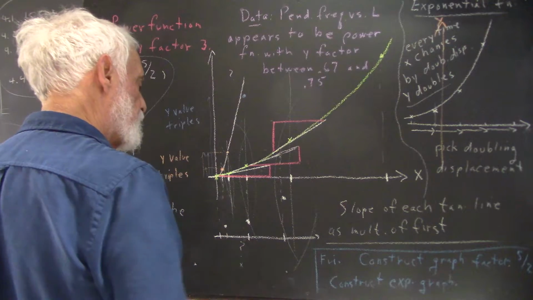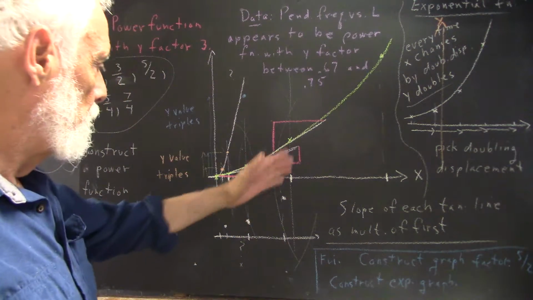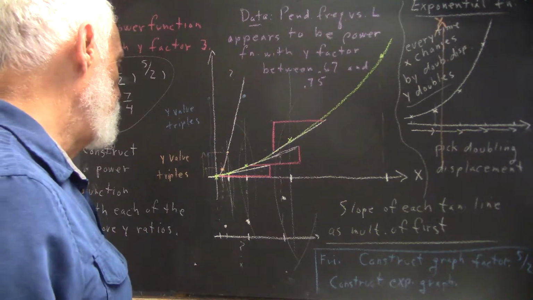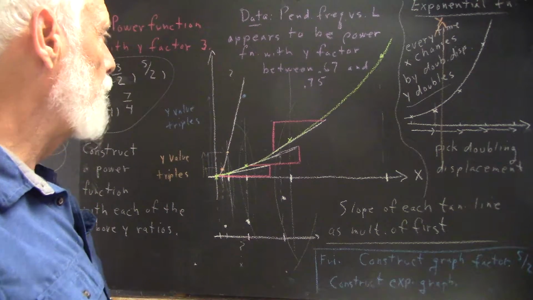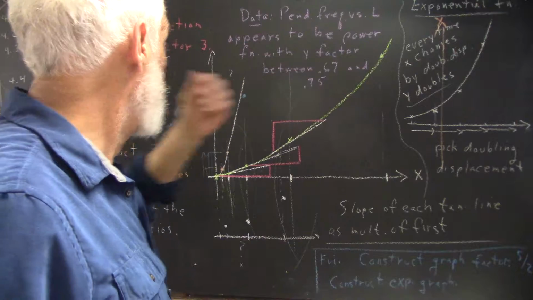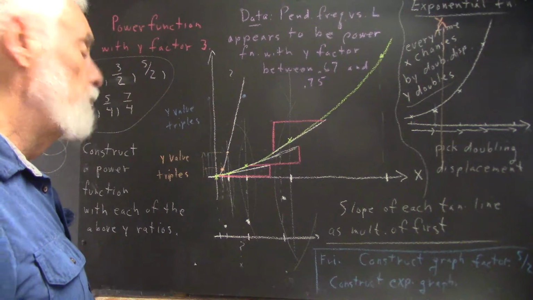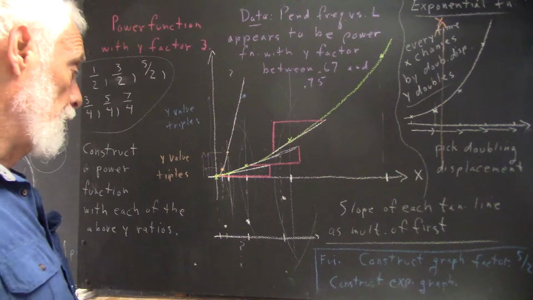And it appears that this graph would be concave upward from the estimates we've made here. Now, in fact, if you do this accurately for a power function with y factor 3, you do expect the graph to be concave upward.